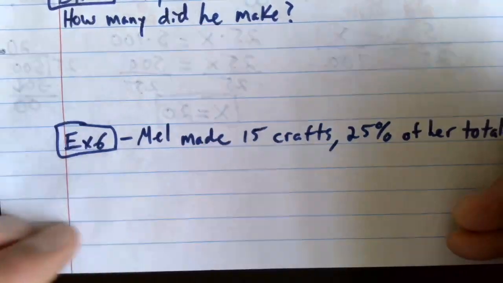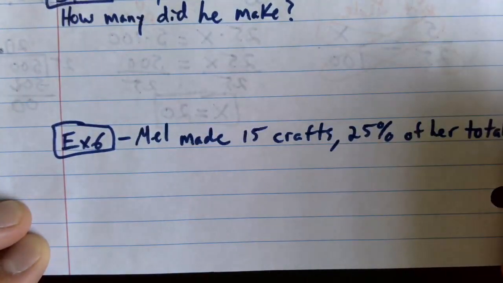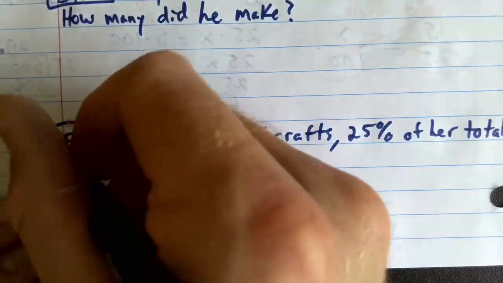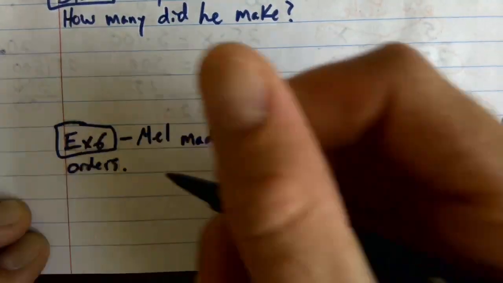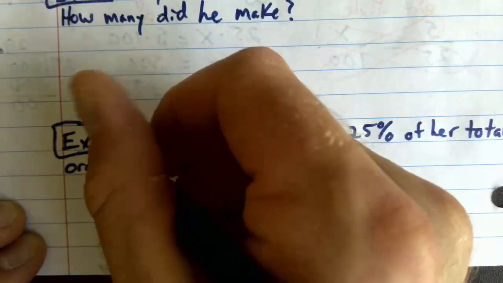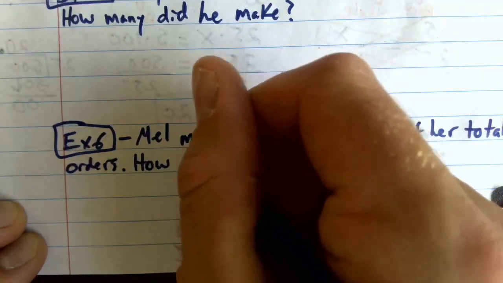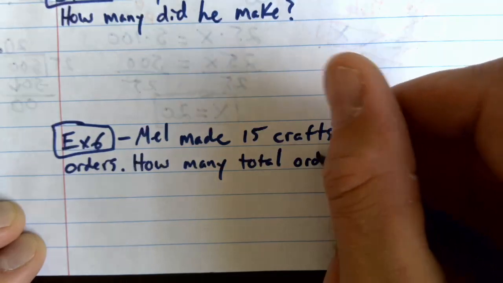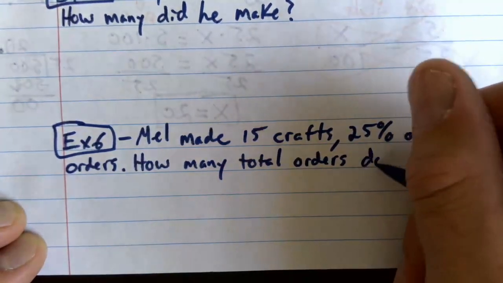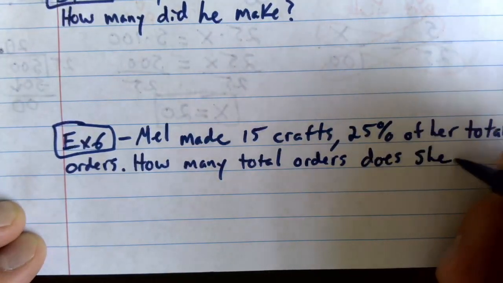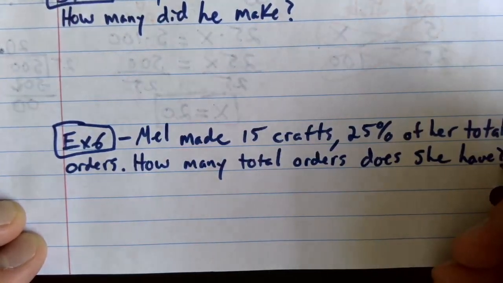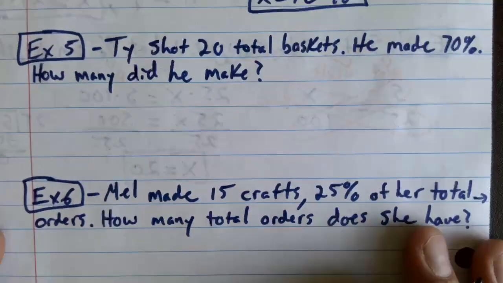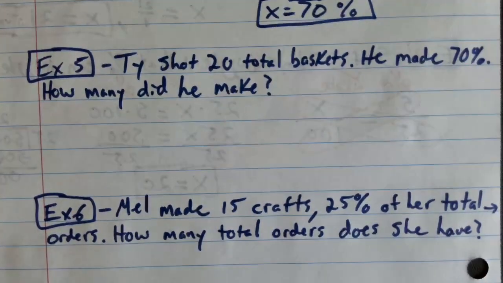Okay, 15 is actually 25% of her total orders. How many total orders does she have? Go ahead and try numbers 5 and 6 on your own.